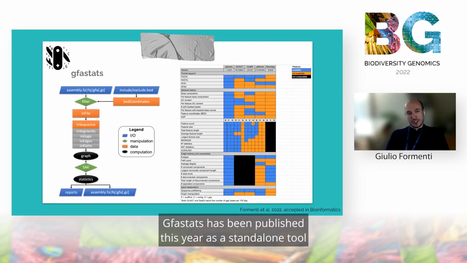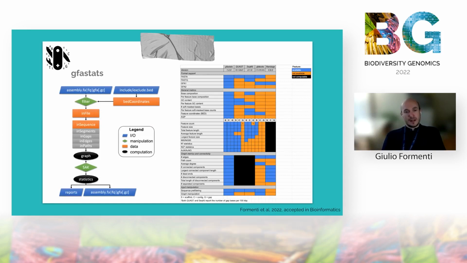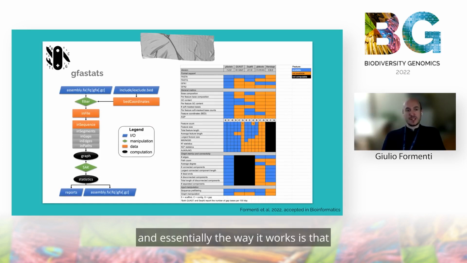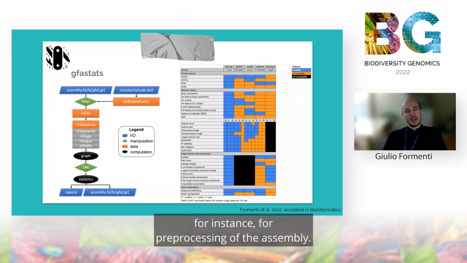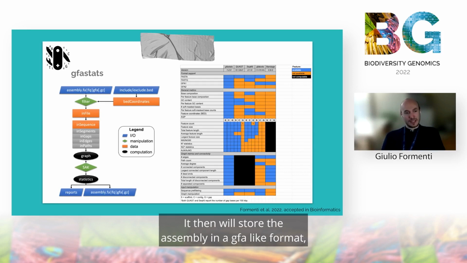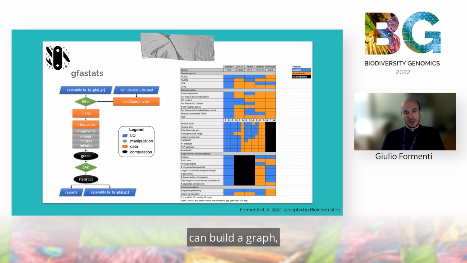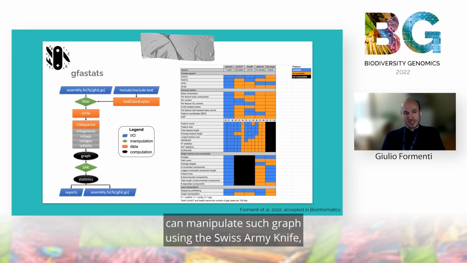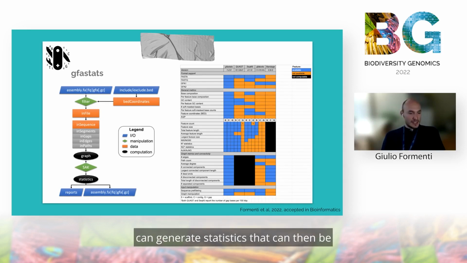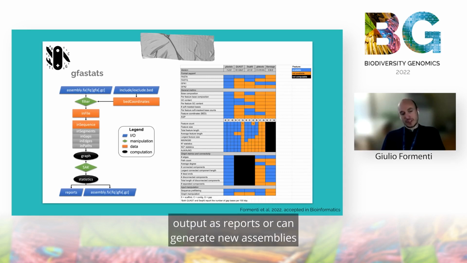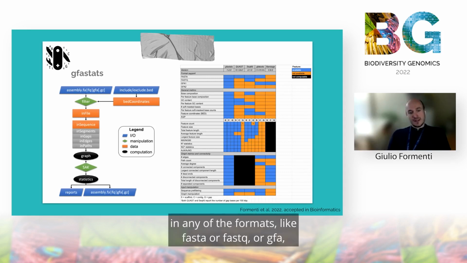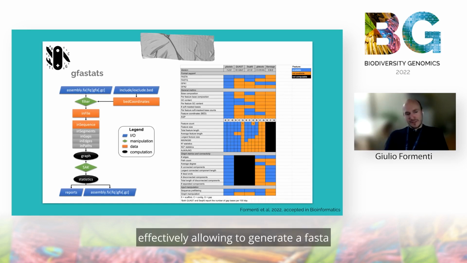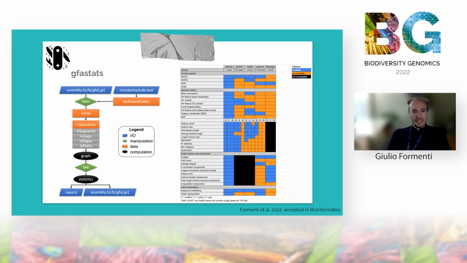gfastats has been published this year as a standalone tool. Essentially the way it works is that we load the assembly. It can also load additional information in the form of BED coordinates, for instance, for pre-processing of the assembly. It then will store the assembly in a GFA-like format, can build a graph, can manipulate such graph using the Swiss Army knife, can generate statistics that can then be output as reports, or can generate new assemblies in any of the formats like FASTA or FASTQ or GFA, effectively allowing to generate a FASTA from a GFA or a GFA from a FASTA file.